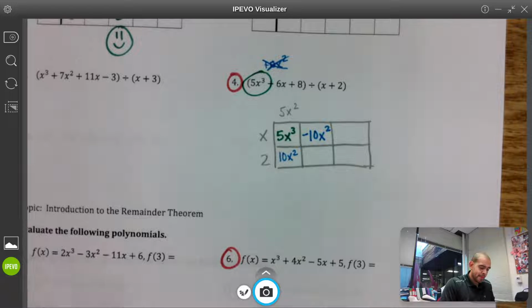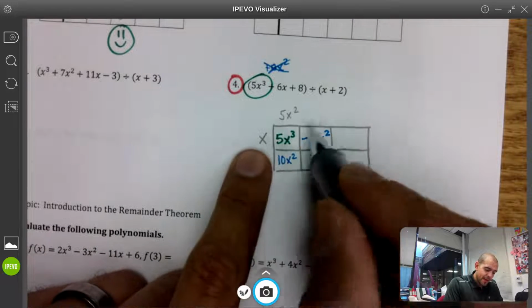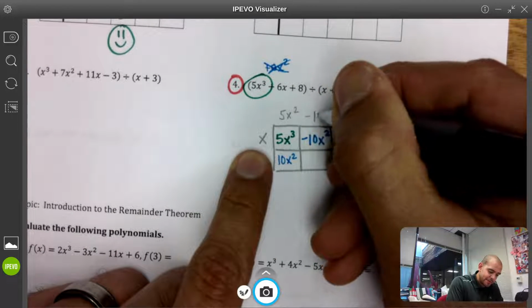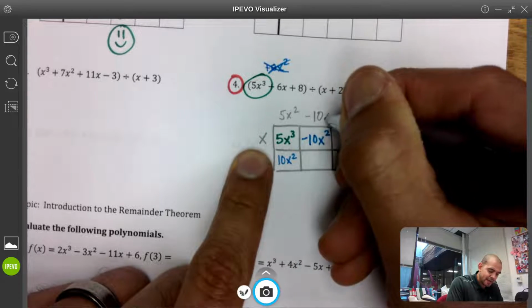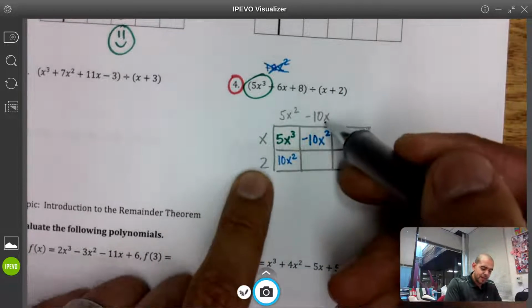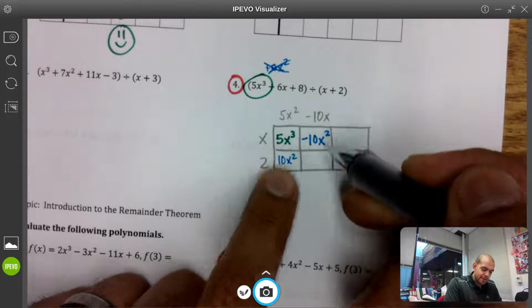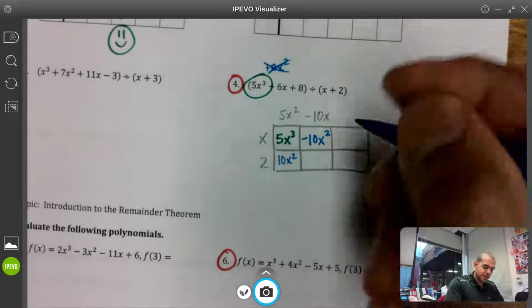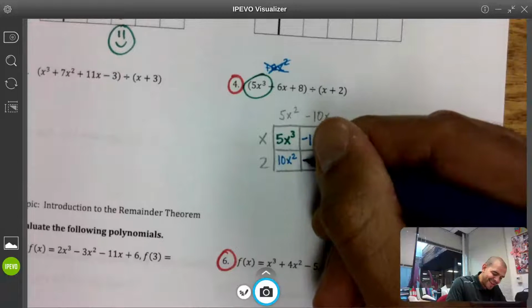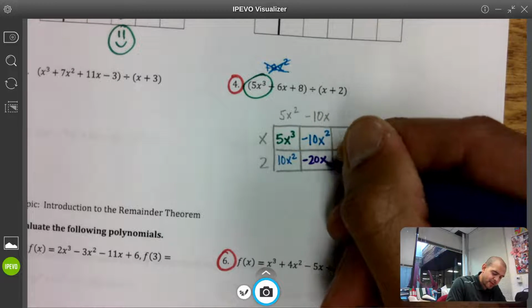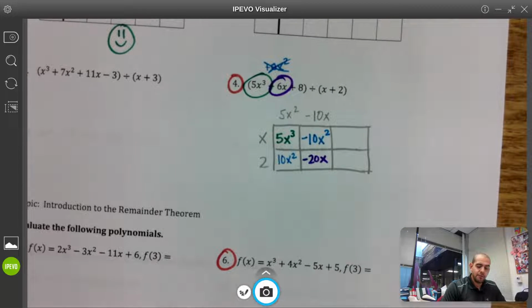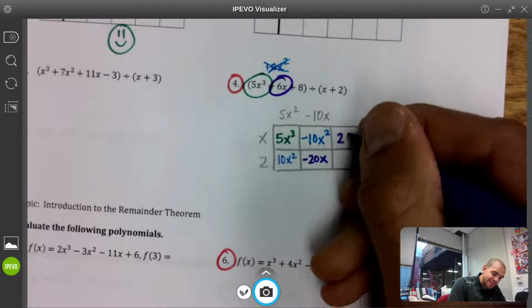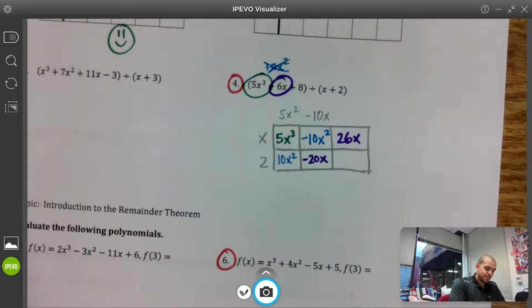Okay? Now, x times what will get you -10x squared? It's -10x. Then, to get this one, 2 times -10x is -20x. -20x plus what will get you 6x, and that is 26x.